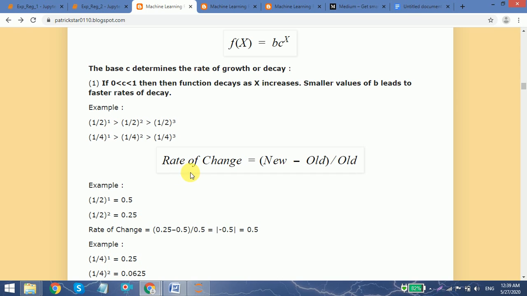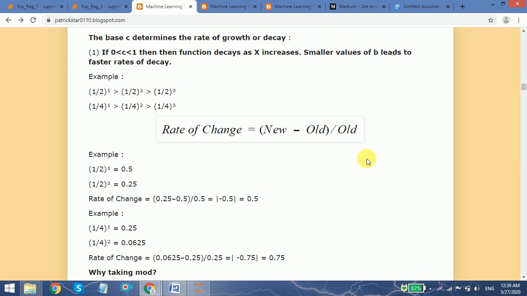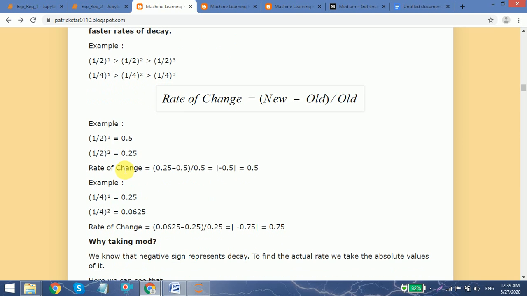After that we have defined the rate of change equals new minus old divided by old into 100. I think I didn't write into 100. If you write into 100, then it gives us the rate of change in percent. Let's see how this statement holds true. First I have taken the example of 1/2, and then I'm going to take the example of 1 by 4.